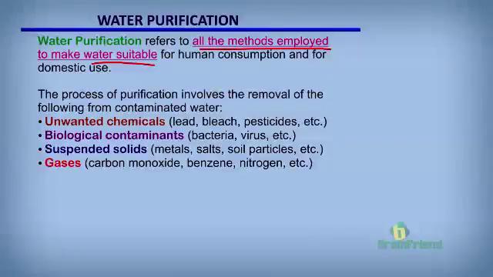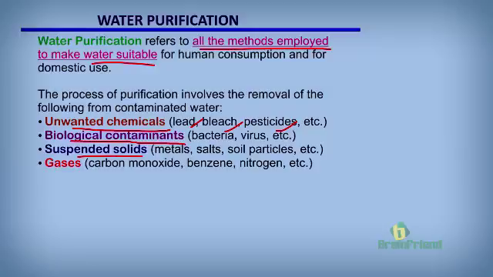So we say that the process of purification involves the removal of several unwanted substances, such as unwanted chemicals like lead, bleach, pesticides, etc. These are harmful to us, so they need to be removed. Biological contaminants, for example bacteria, viruses, fungi, etc. Suspended solids.